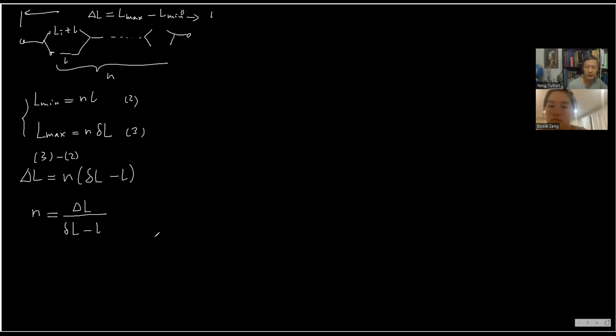Of course, we know in this question that delta L is larger than L. Otherwise, there's no point, right? We can make delta L larger than L, but not too big. So therefore, we know these two numbers are different. Now, they ask you to find the n. So what is n?